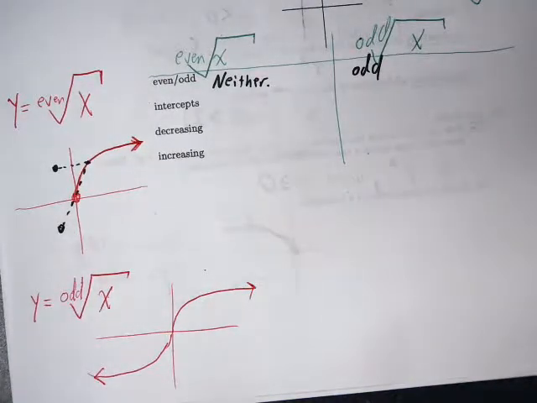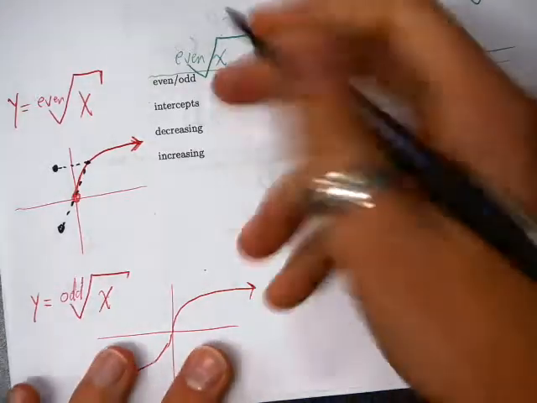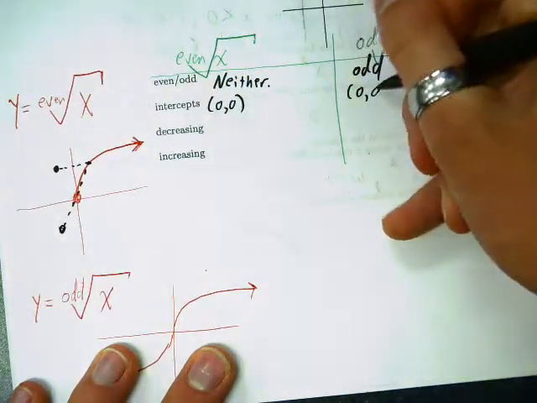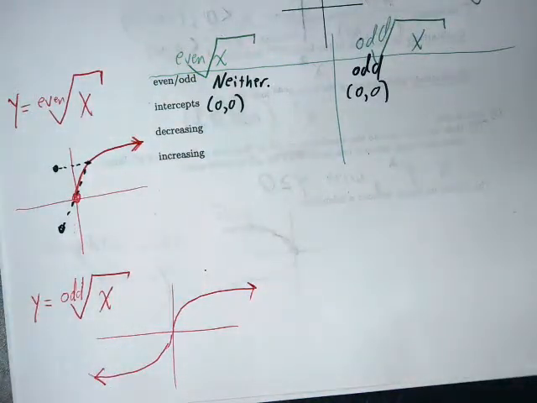Tell me, where are the intercepts of these graphs? At the origin. It doesn't matter whether it has x or y intercepts. It's (0, 0) either way. Where is a function of the form x to an even power increasing?